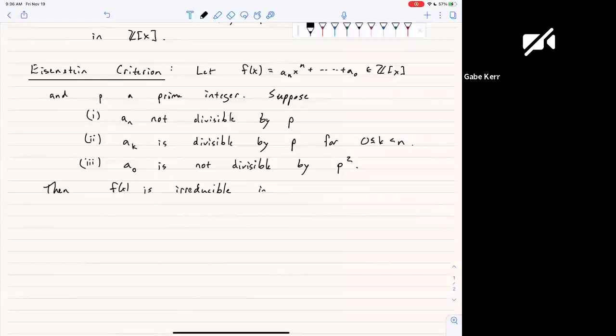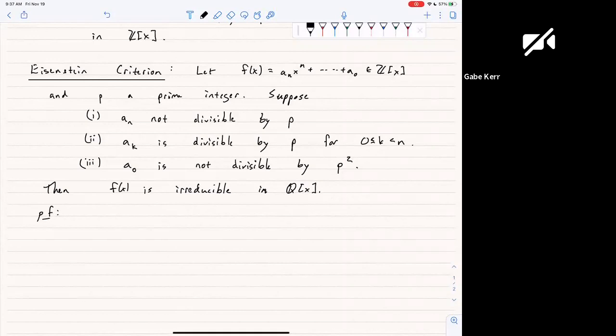You can say in Z[x], or maybe I need to say Q[x], since I can have some other integer factor in all of this. Yeah, Q[x].